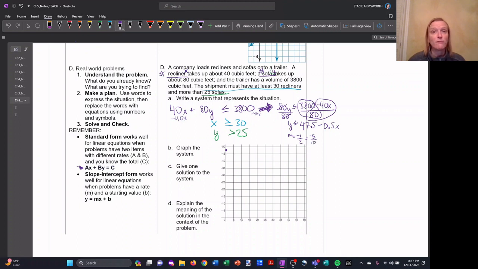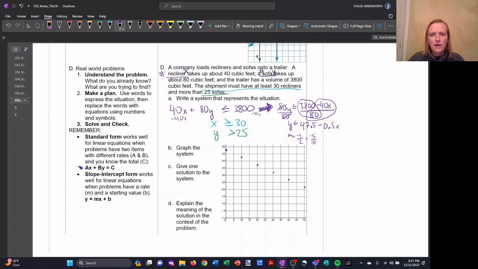Going by 5s and 10s makes more sense the way I've labeled these axes. So I go down 5, right 10, down 5, right 10, down 5, right 10. That's what my slope looks like.